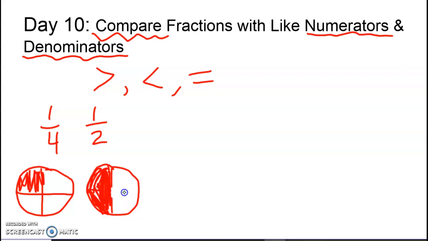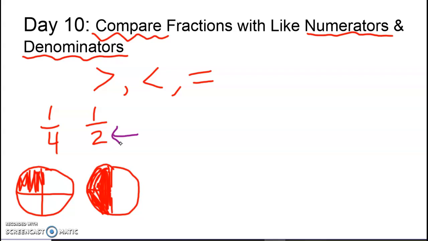Okay, what I want you to see is, because there are more pieces in the 1/4 fraction, eating one piece is always going to be less than eating one piece of the fraction with the smaller denominator. Okay, so think about it like that.